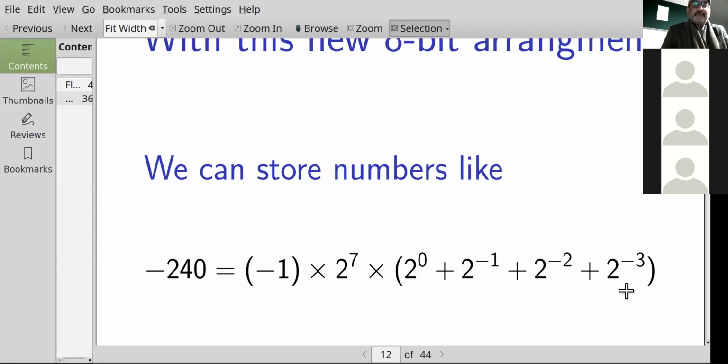And I've got 1 bit for the sign, so 0 means a positive number follows, or 1 means a negative number follows. So I can store a number like minus 240 the way it's written out here.